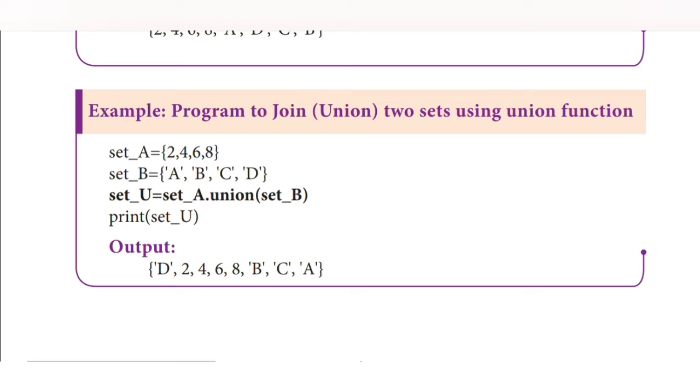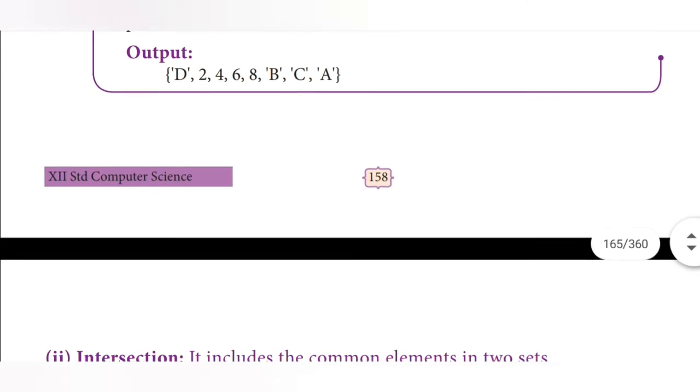The same example is written again, using the function name union instead of the pipe symbol. Now we are getting the output D, 2, 4, 6, 8, B, C, A. That is, the order of the set can change with each and every execution in the Python programming language.